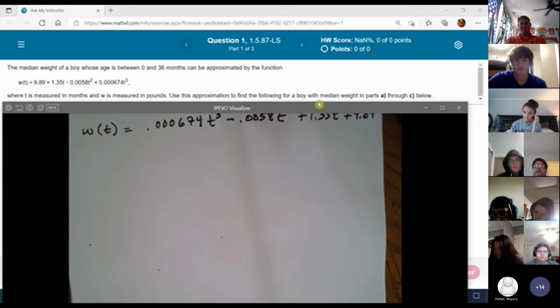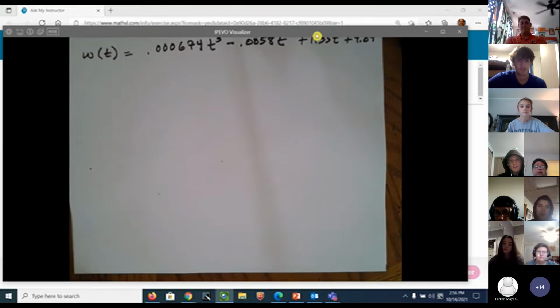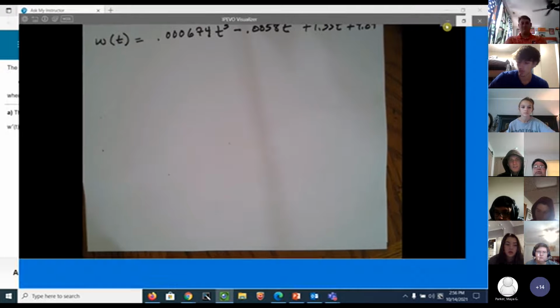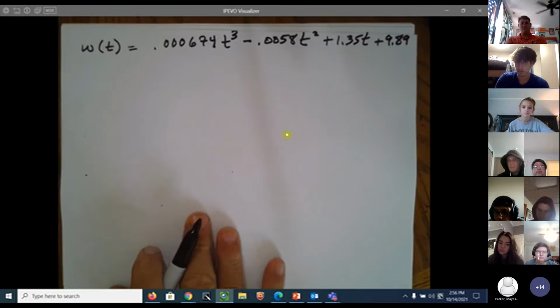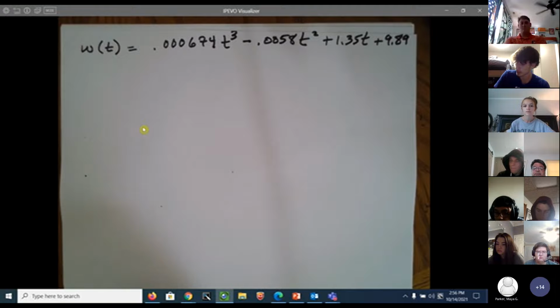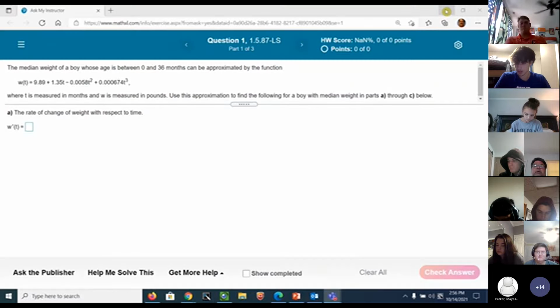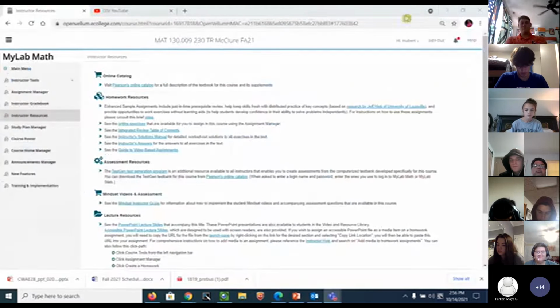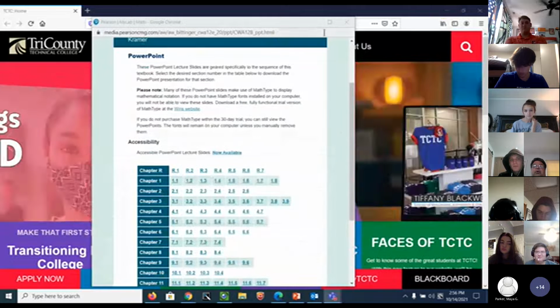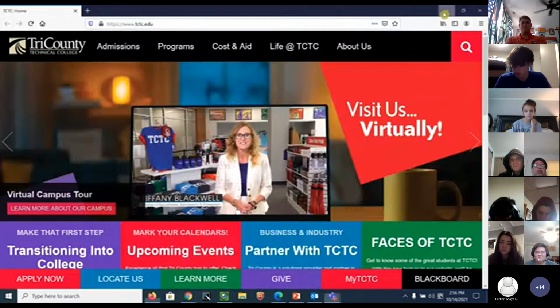Use this approximation and so on. I'm going to go ahead and find the derivative because we are in the derivative section. I better do it myself. No offense, but sometimes y'all lead me astray and don't tell me the right answers. So I better get my calculator going.